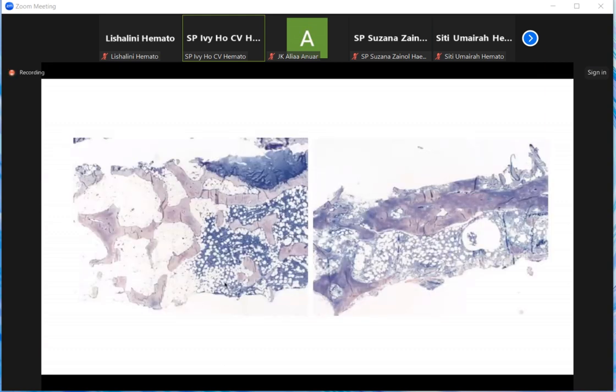This is the cellularity that I mentioned earlier. If you cover this area up and just look at this area, this is the subcortical region. If you assess the cellularity of the marrow based on these few marrow spaces, without looking further down the biopsy, your comment will be hypercellularity, or you might even call it aplastic, because you hardly see any hematopoietic tissue here in the subcortical region.